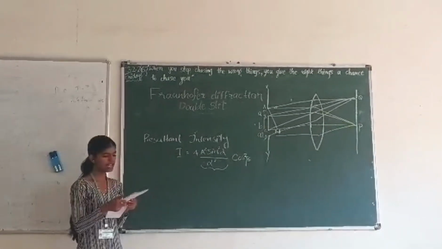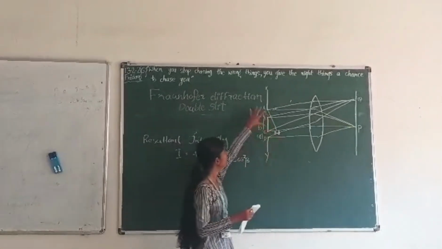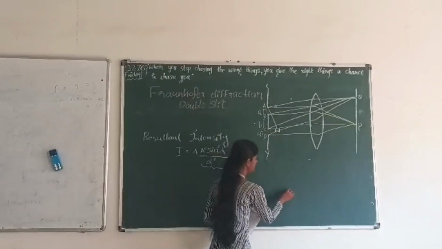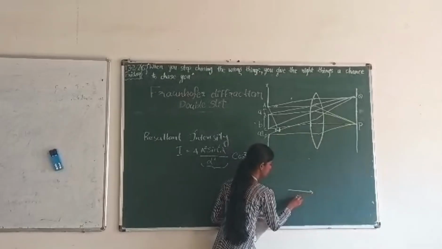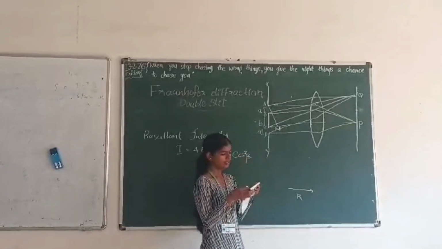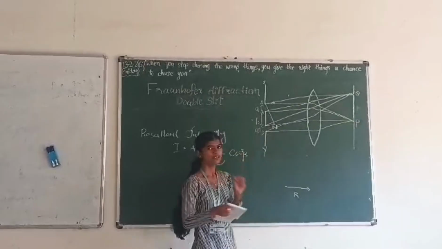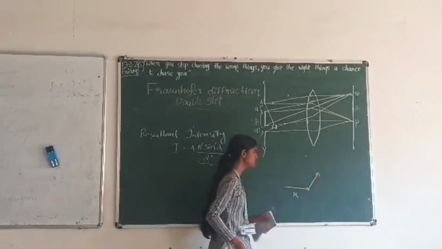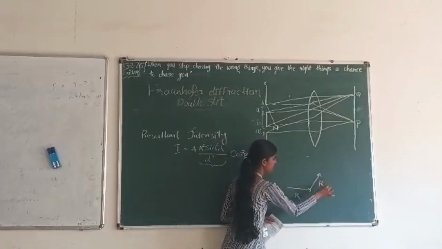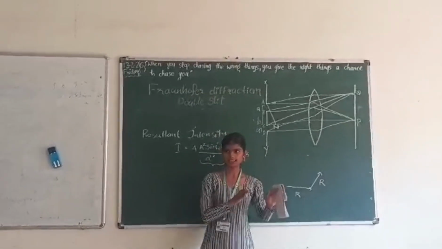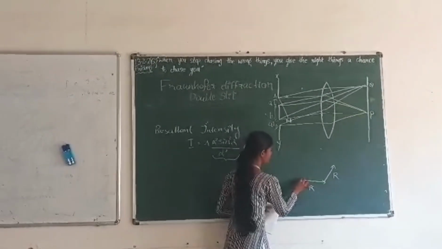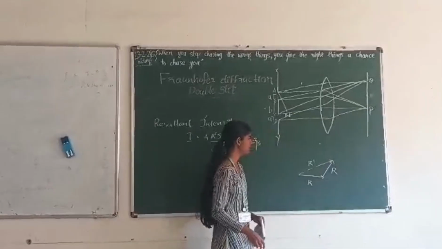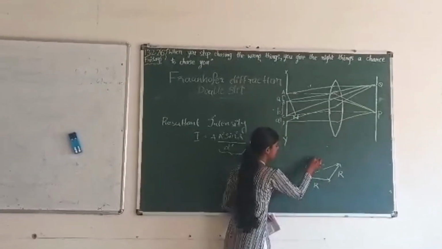So we can consider the amplitude from the first slit as a vector R, and the diffraction from the second slit is also R, in the other direction. Then next we have to find the resultant amplitude. So we are considering a parallelogram.